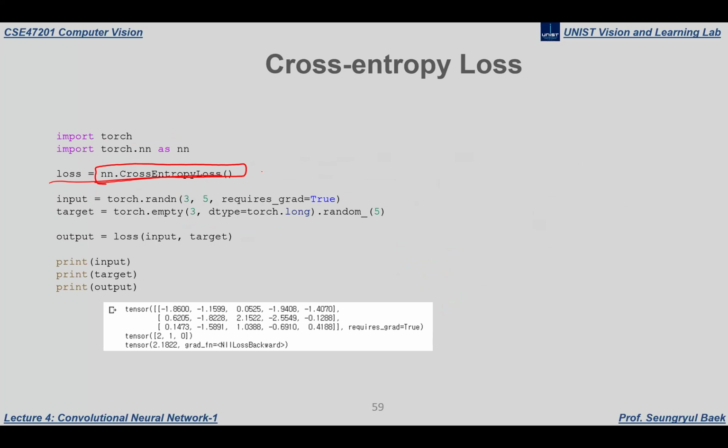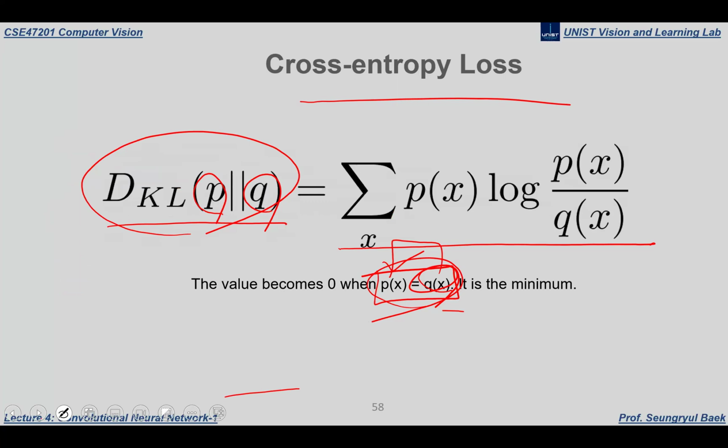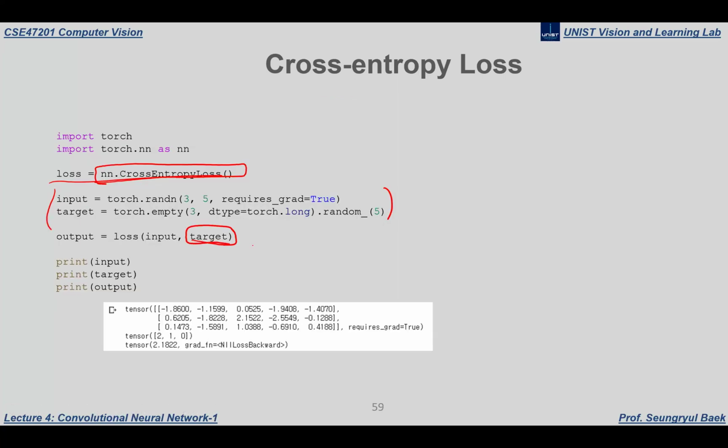But one thing you have to remember is, in the MSE loss, the right side is the ground truth. For the cross-entropy loss, the right argument is the ground truth, and in the left argument, we have to input our predicted value.